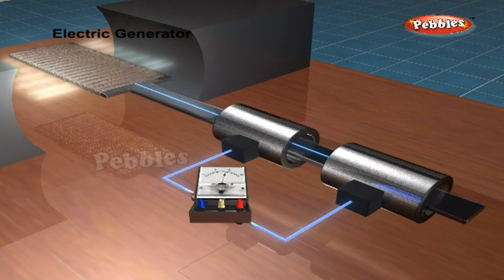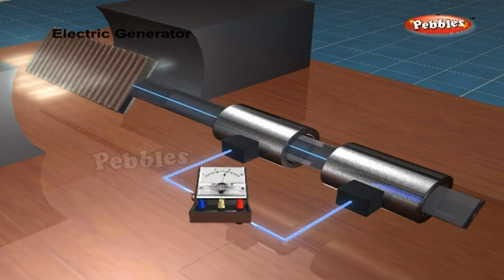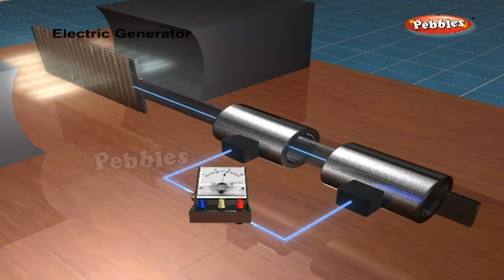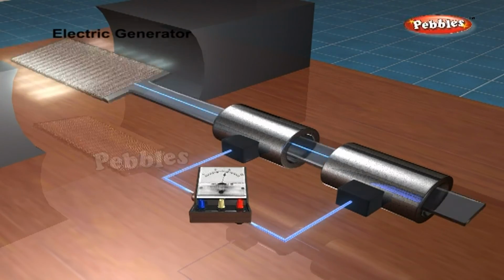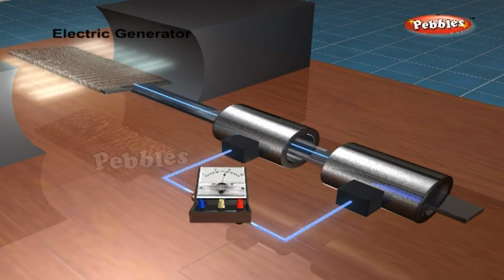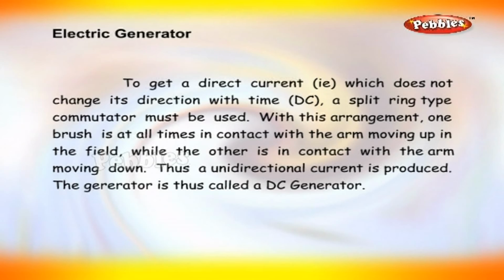Thus, after every half rotation, the polarity of the current in the respective arms changes. Such a current, which changes direction after equal intervals of time, is called an alternating current. This device is called an AC generator. To get a direct current, that is, which does not change its direction with time, DC, a split ring type commutator must be used.